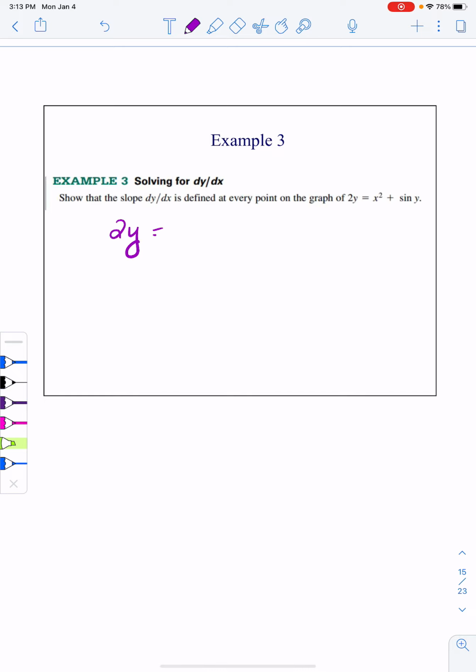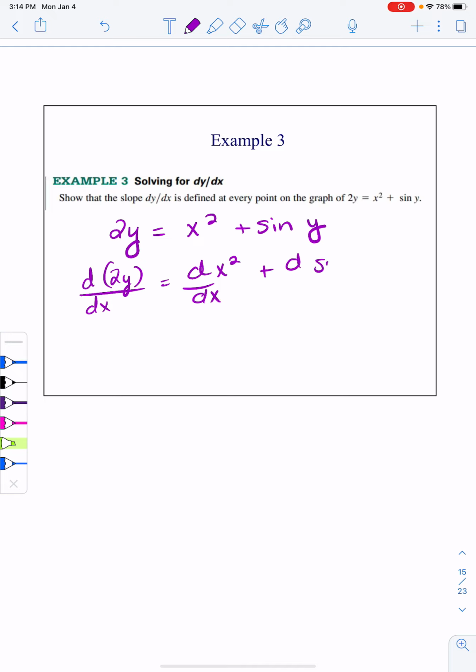And so we're going to take the derivative of 2y with respect to x. We're going to just go ahead and jump right into the derivative of x squared with respect to x, and the derivative of sine y with respect to x, and we're going to apply those derivatives each time.